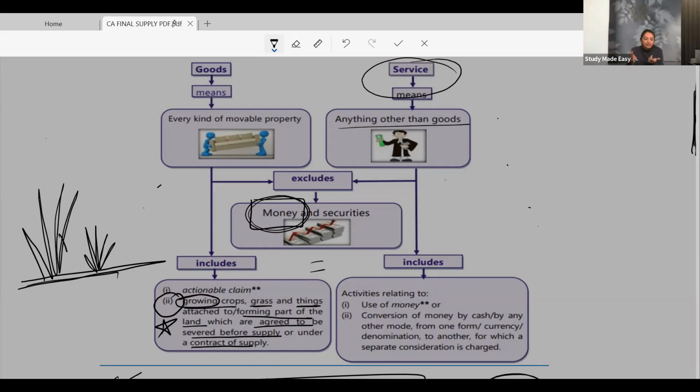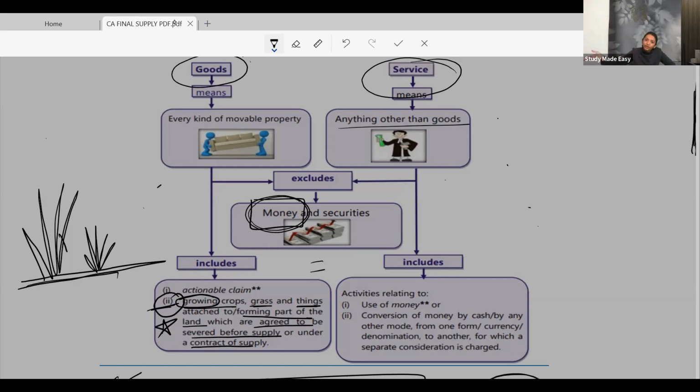Now growing crops is neither land nor building. So what is the explanation? Growing crops is not movable, and actually not immovable also. So where should we keep it? So specifically they are saying these growing crops are goods. Are you getting the logic? Land is an immovable property, and building is an immovable property, and for land and building and actionable claim they have given the point in Schedule number 3.